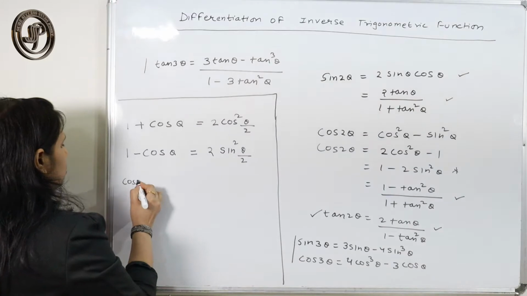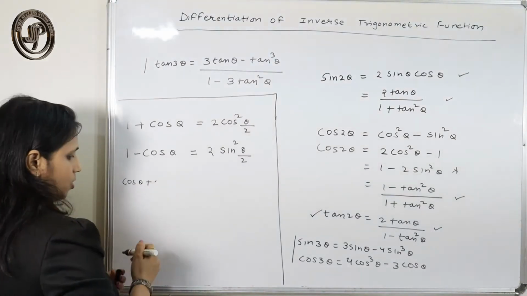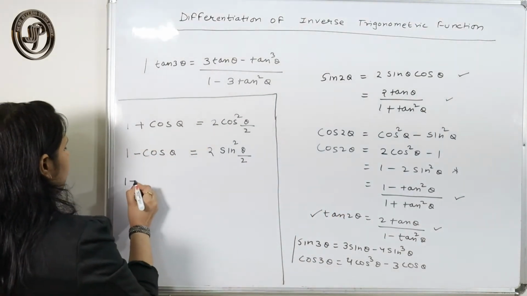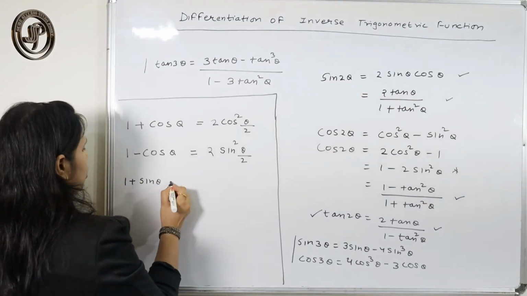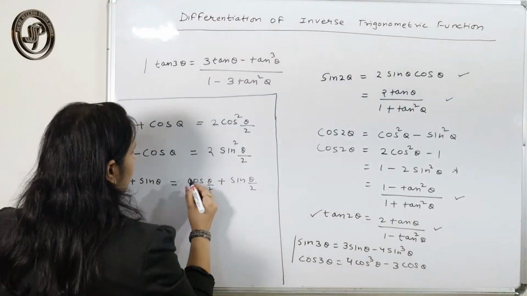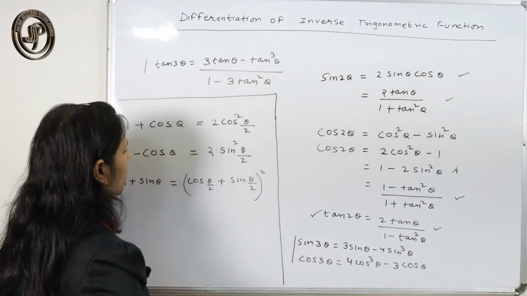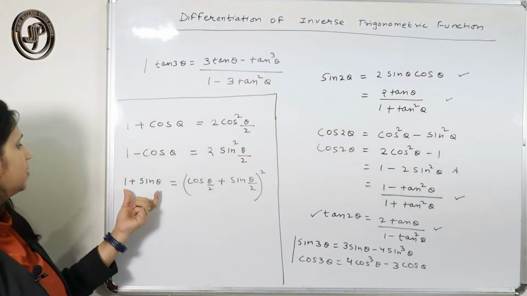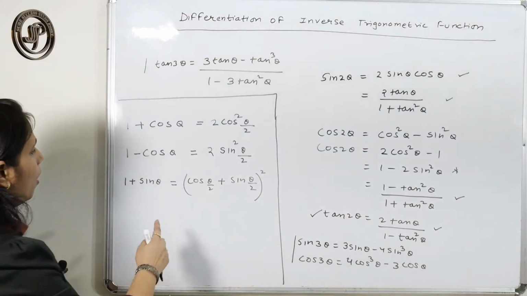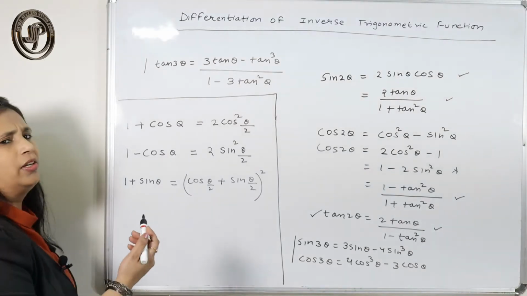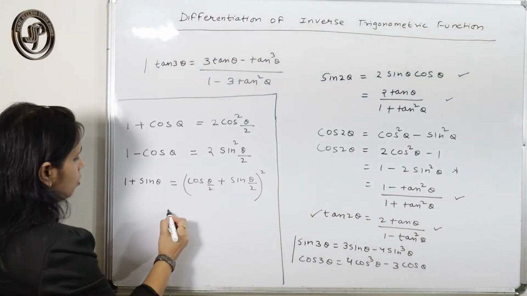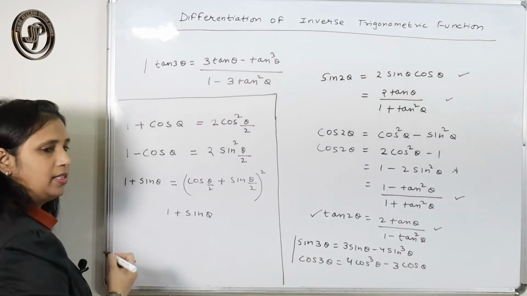Next is 1 plus sin theta. That is (cos theta by 2 plus sin theta by 2) the whole square. See, I am just giving you how I have derived this. There is no need to derive this formula, but you should know how it has come. It is 1 plus sin theta, right?